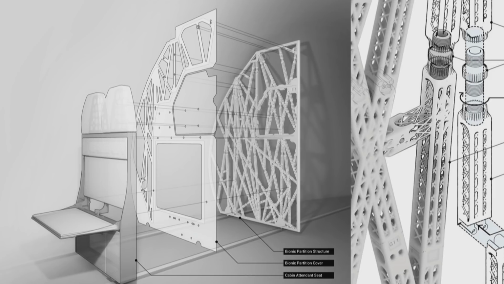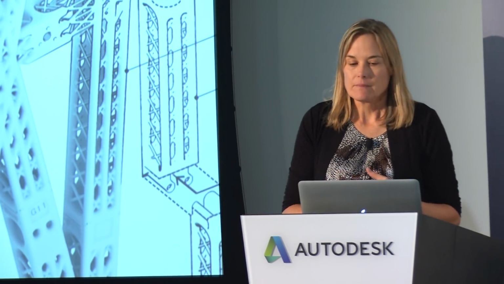And that approach of multi-objective optimization is something we're going to continue to see more and more of. Multi-objective optimization: strength and weight reduction, strength, weight, perhaps cost, all within one algorithm.